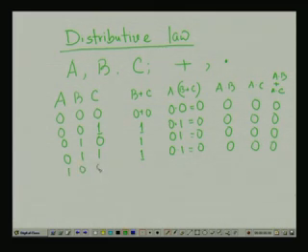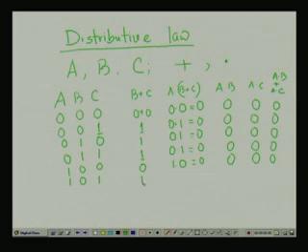Now, 1, 0, 0. Again B plus C is 0, A dot B plus C equal to 0, A dot B, A dot C, then this is 0. Now, we do 1, 0, 1.